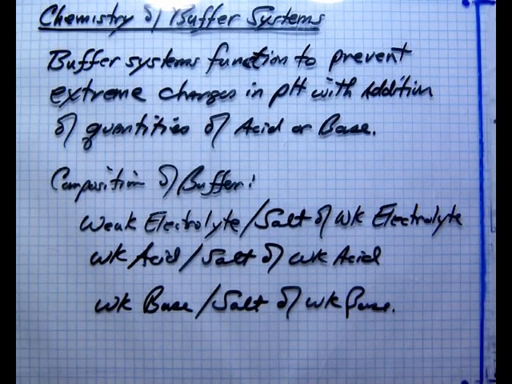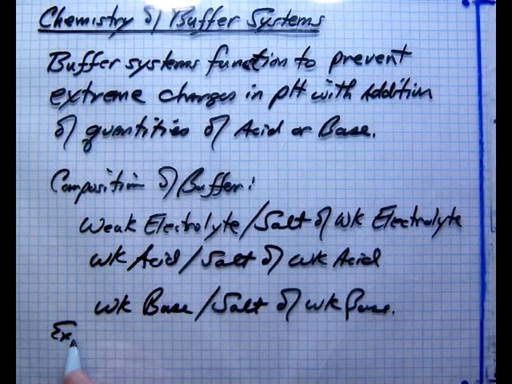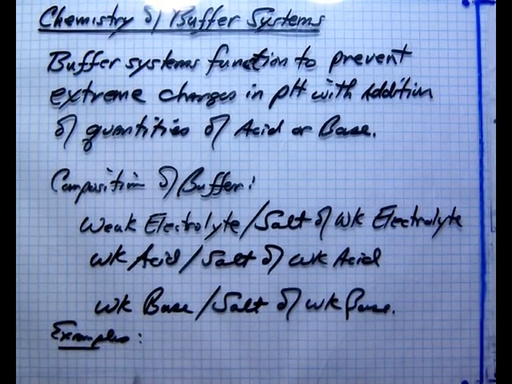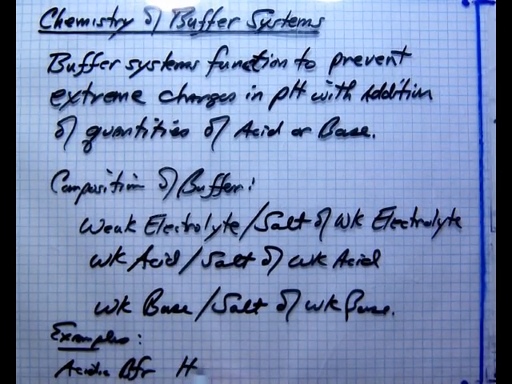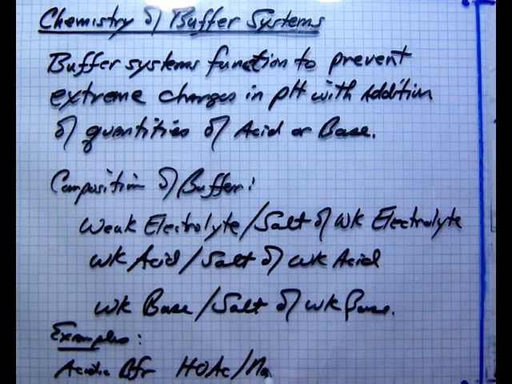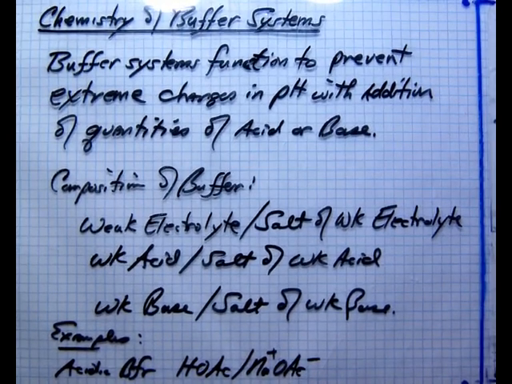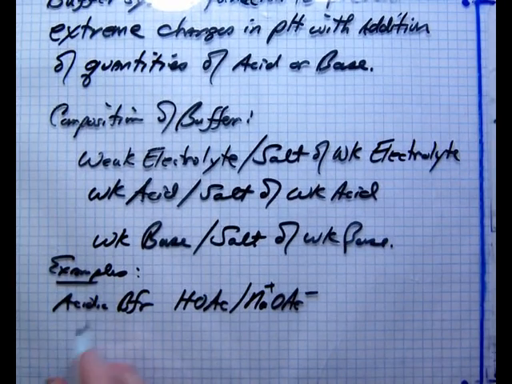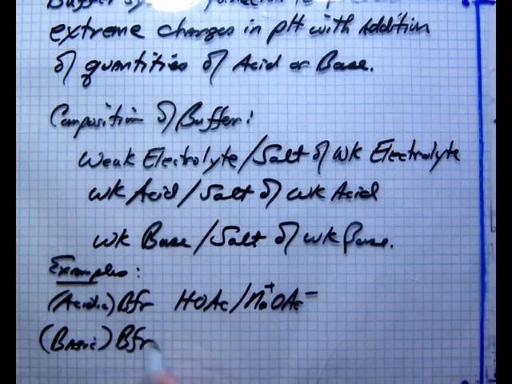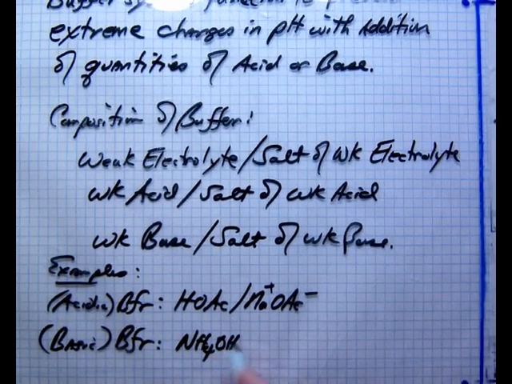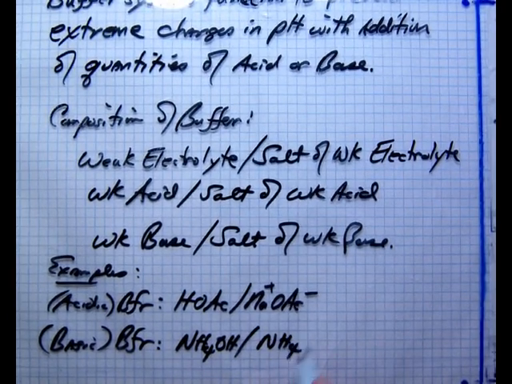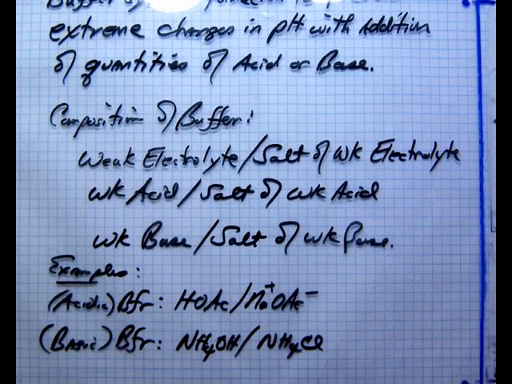So we could show you some examples. An acidic buffer would be something like acetic acid and sodium acetate. An alkaline or basic buffer could be ammonium hydroxide and ammonium chloride in a mix.